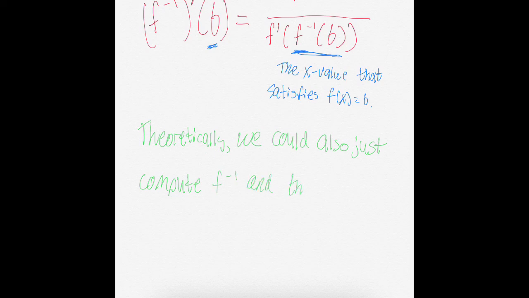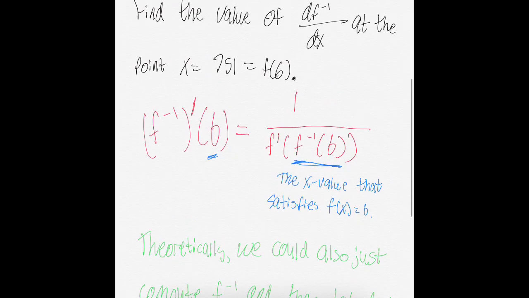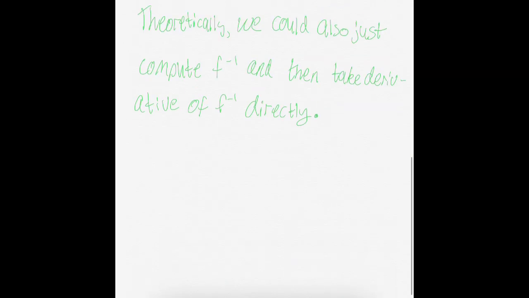Just compute f inverse. That's something we've done before. That was a chapter 1 thing, I think. And then take the derivative of f inverse directly. But again, I think a lot of times, this formula, which we just wrote out, is going to be easier for us to use. And that's certainly going to be the case here.